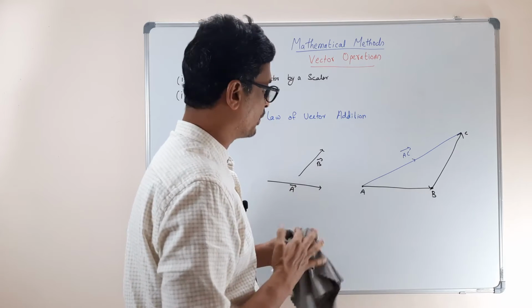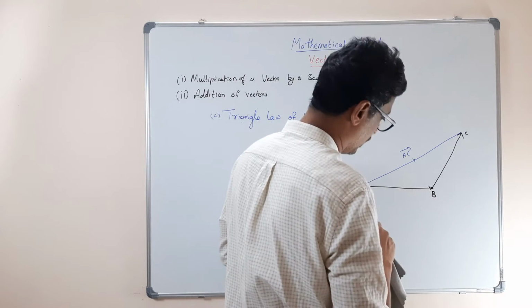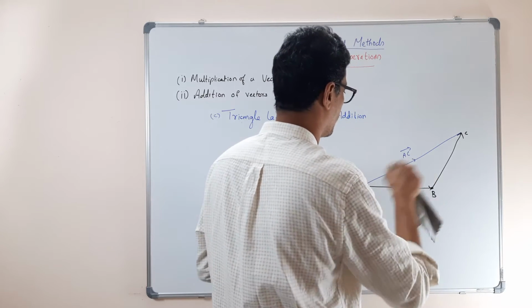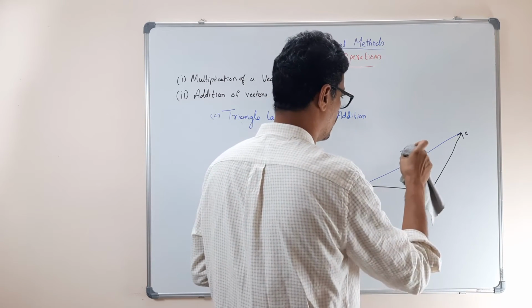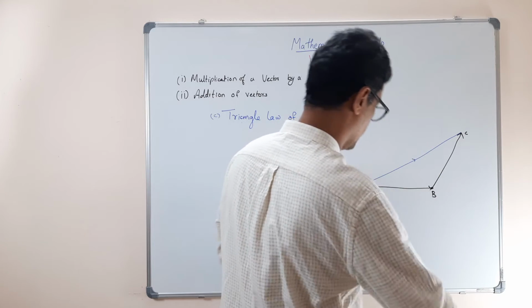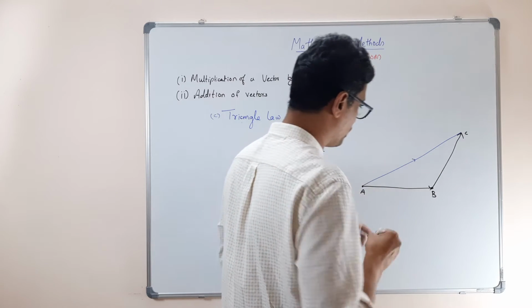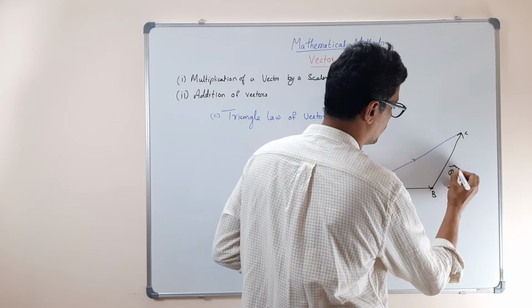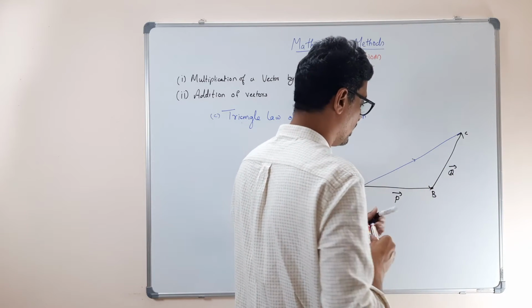That we call the resultant vector. If you wanted to mention it in terms of some alphabets, let me call it P vector, Q vector, and so this will be R vector.